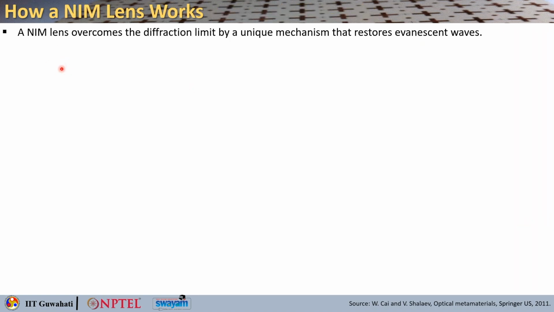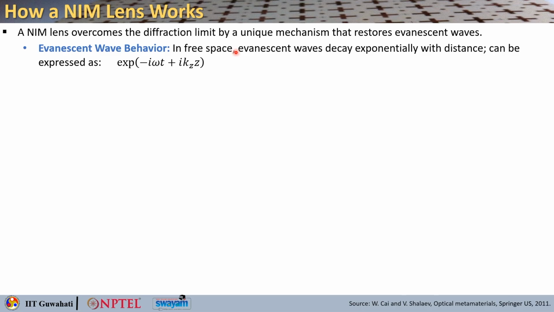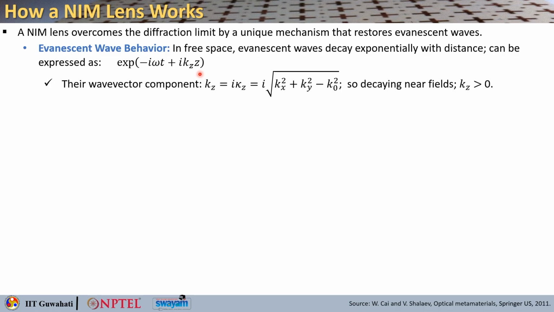So a negative index material lens overcomes the diffraction limit by a unique mechanism that can restore the evanescent wave, which we discussed, right? So what is the behavior of the evanescent wave? In free space, the evanescent wave decays exponentially with distance. You can express this in the form exp(-iωt + i kz z).